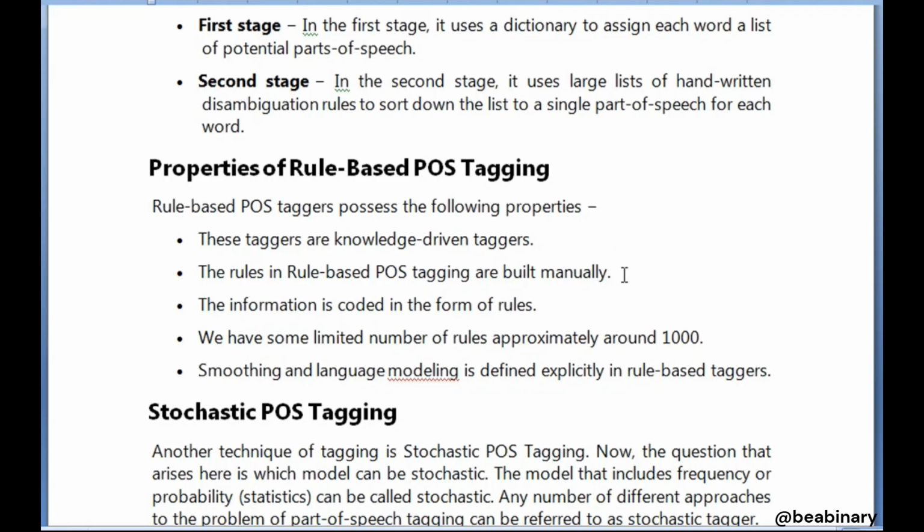As we have said, we have to make some list for that, and then information is coded in the form of rules. So there must be a rule performed in the form of code.